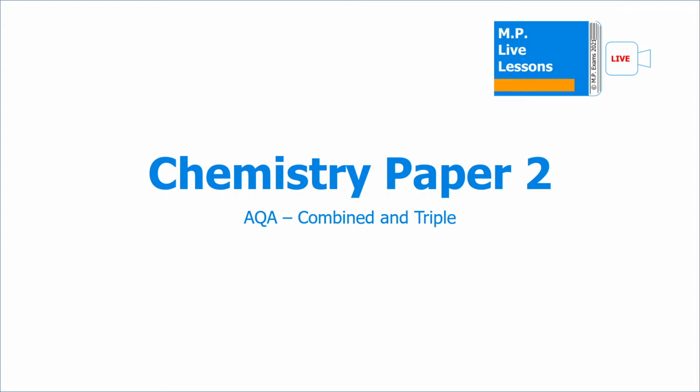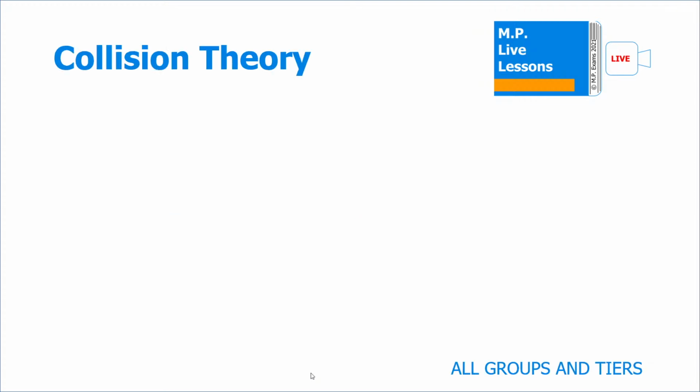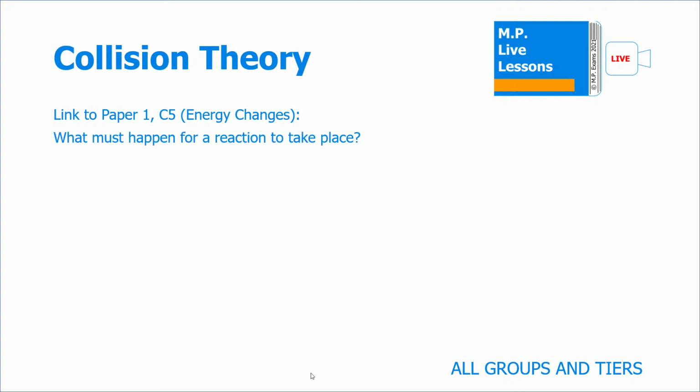So what we're going to start off with is Unit 6, Rates of Reaction. We're going to start off with the basics of this, so collision theory. This is actually a link to Paper 1, Topic 5 of Energy Changes. So what must happen for a reaction to take place?